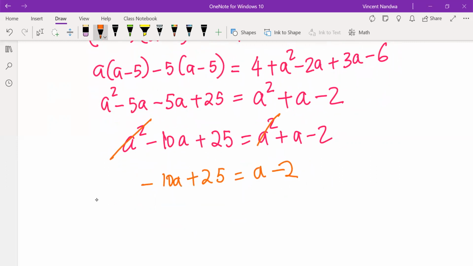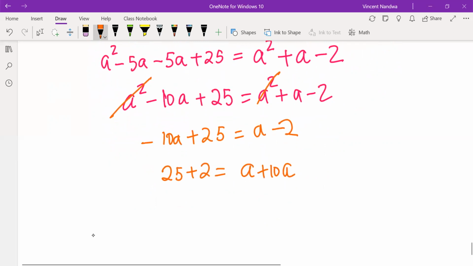Collecting like terms, take negative 10a to the right-hand side and take minus 2 to the left-hand side. We'll have 25 plus 2 equals a plus 10a. 25 plus 2 is 27 equals 11a.